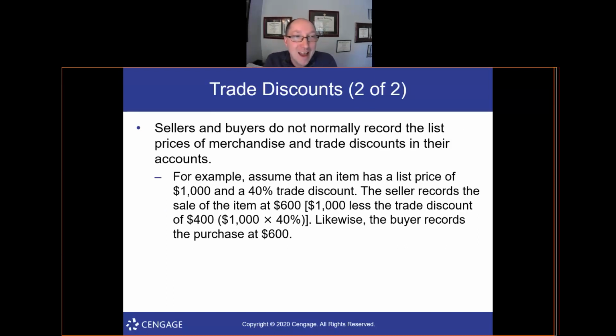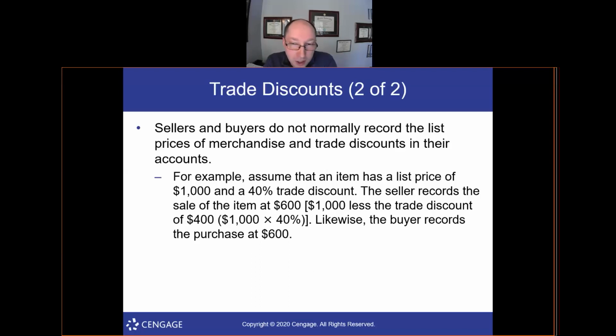Okay. Sellers and buyers do not normally record the list price of merchandise and trade discounts on their accounts. So the way it works is, let's say we have a product with a list price of $1,000 and there's a 40% trade discount. Meaning, if I buy in bulk, they'll give me 40% off. That's cool, right?